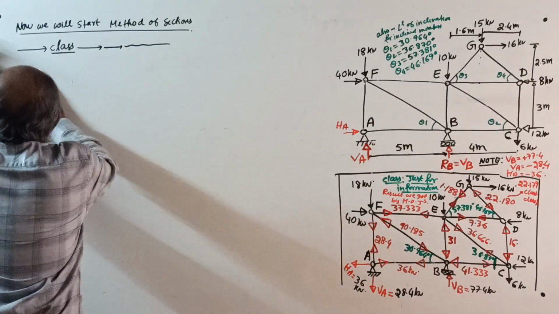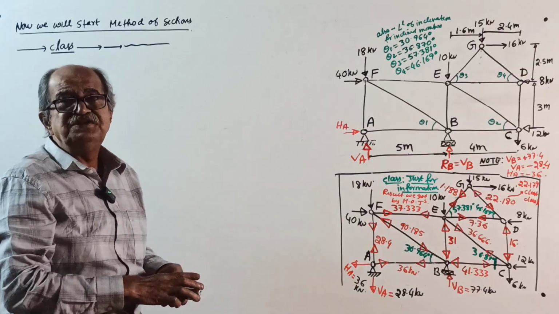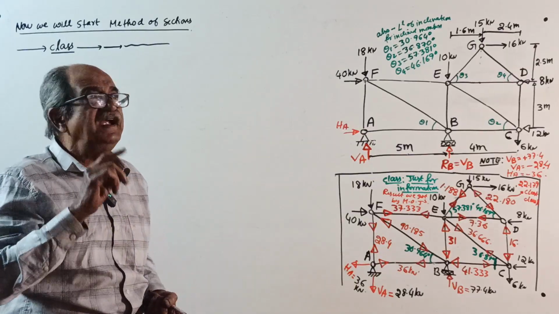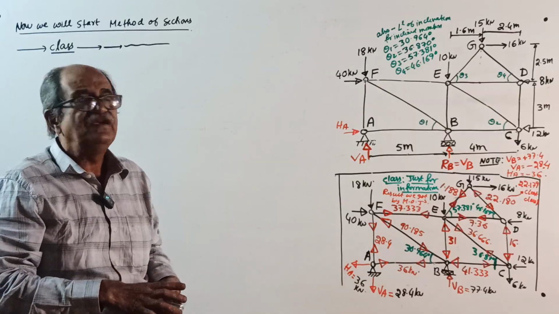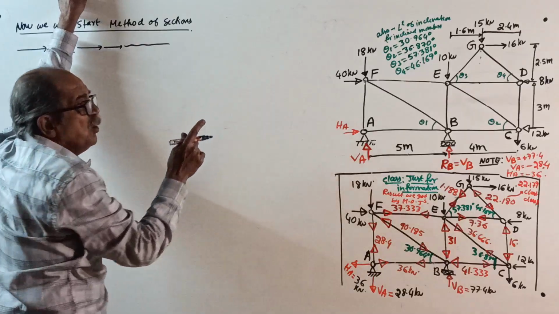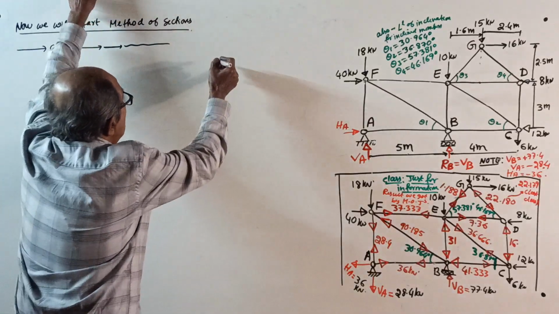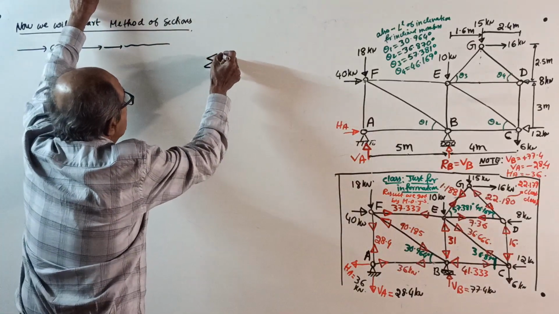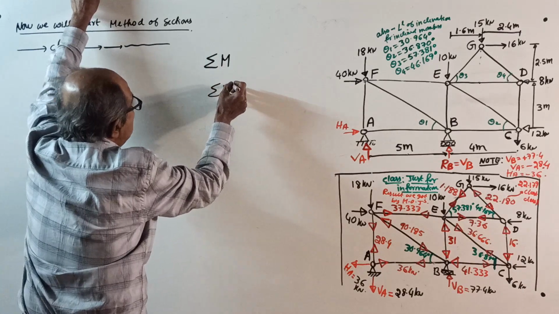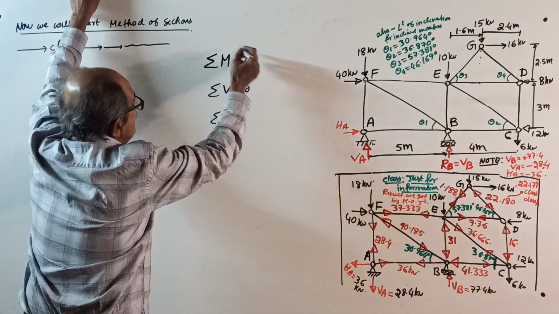Okay, now this is all over. Once you consider equilibrium to any one side of your choice, then apply it. You should not have more than 3 unknowns. So apply sigma M = 0, sigma V = 0, and sigma H = 0 to one side's equilibrium.